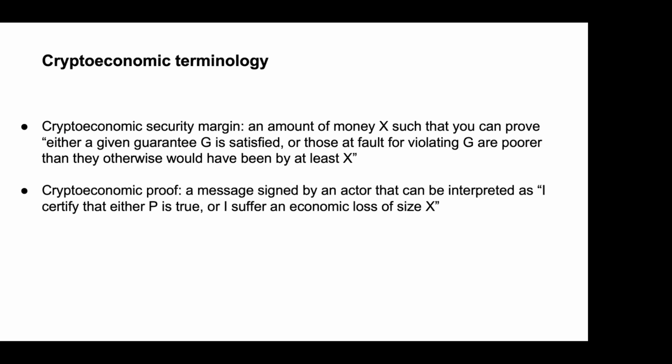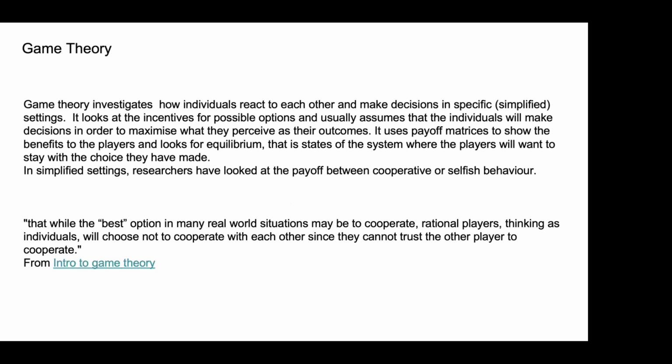And when people are working out, for example, proof of stake systems, they have to go through this idea and work out the cryptoeconomics very carefully. And that all ties into game theory as well. And you generally assume that people are acting in their own economic interest.